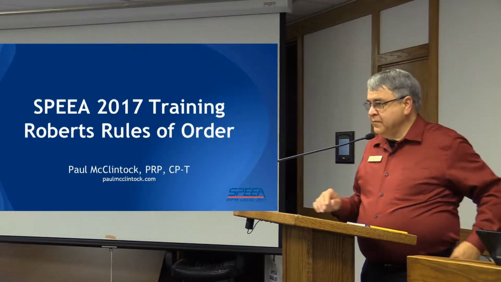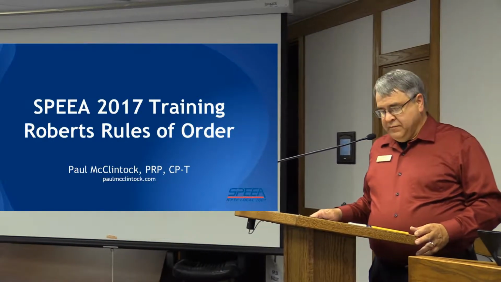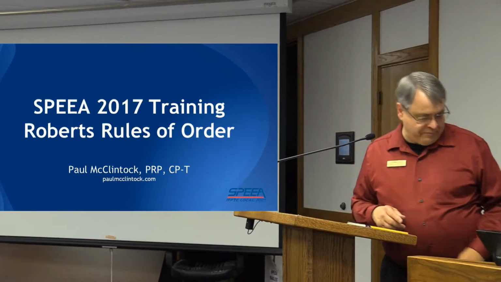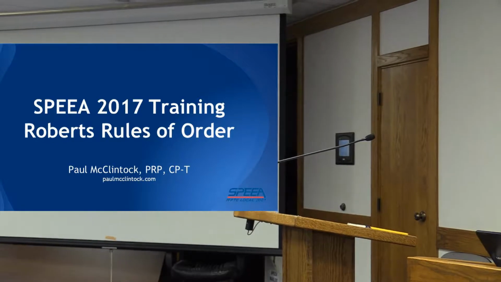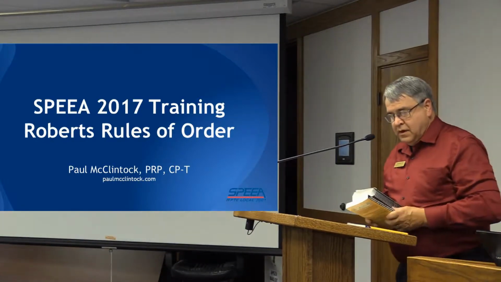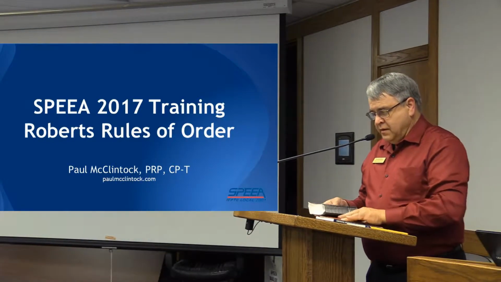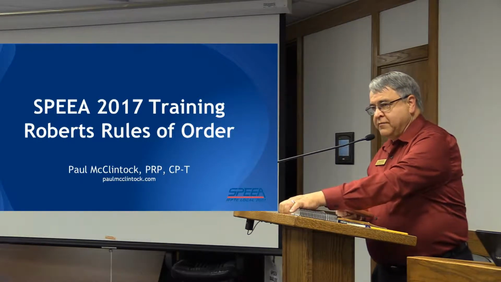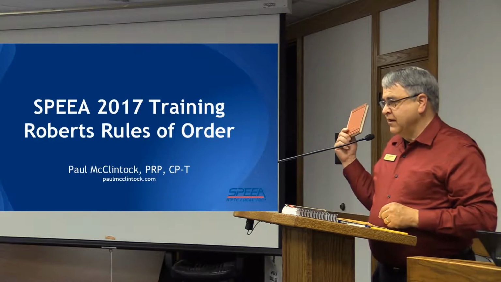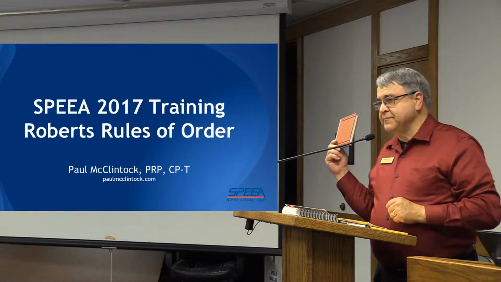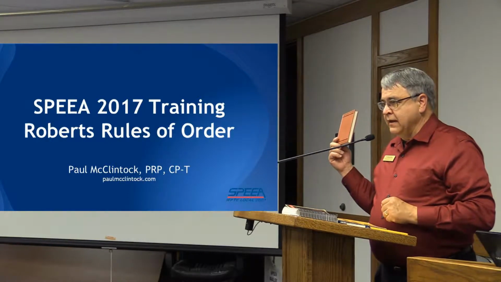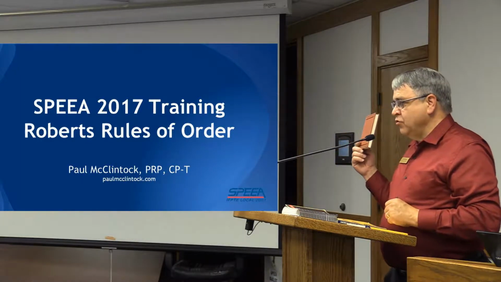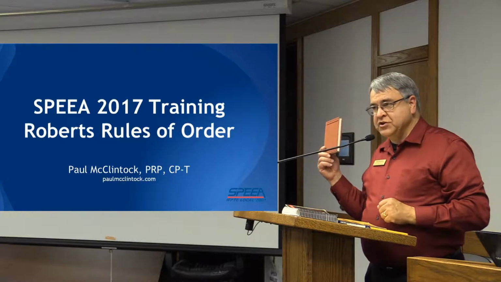With that said, I'll give you a little bit of background on Robert's Rules of Order. The first edition came out in 1876, written by Henry Martin Robert, who was in the Army Corps of Engineers.